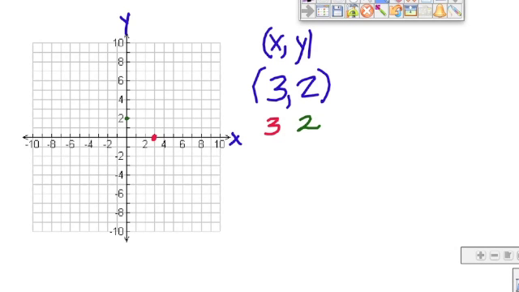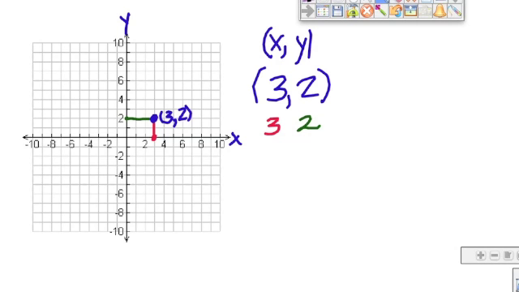Now if I draw an invisible line here, I want these 2 points to meet. Do you see where they met? Where they met is where you would place your dot for 3, 2. You go over 3, up 2.